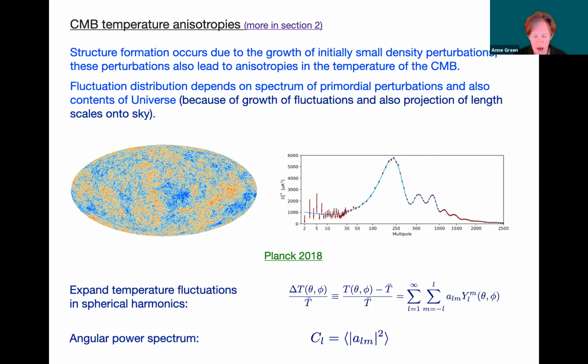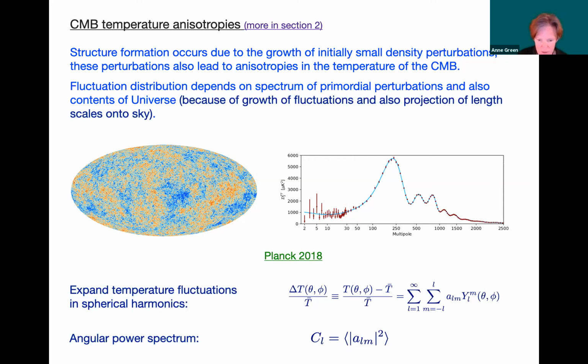The way that it's calculated is in terms of this thing called the angular power spectrum. So what you do is you take the temperature difference in a particular direction specified by theta and phi relative to the average temperature T bar. You take that fractional difference and you expand it in spherical harmonics. So this is the equivalent of doing Fourier analysis, but on the surface of a sphere in 2D.